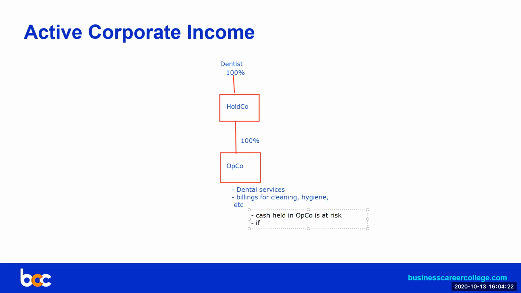If we have a lawsuit where the dentist accidentally strikes a nerve with somebody, numbs a nerve, something like that, the cash in opco could be lost. And at the same time, we know that if we pay that cash to the dentist, we have to pay about 50% personal tax on it. Is everybody with me there?